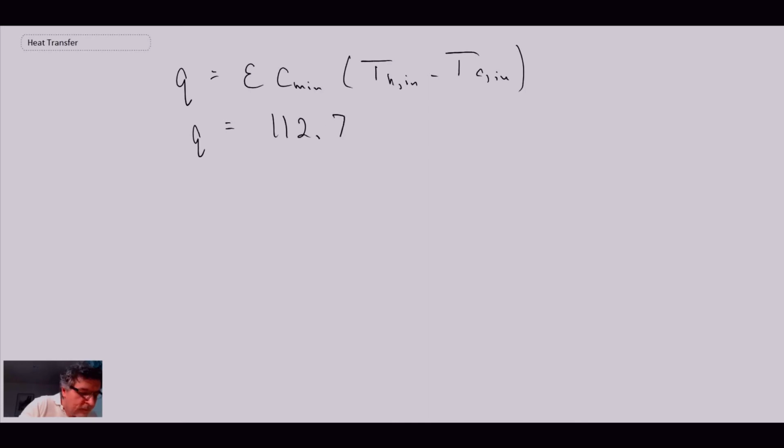With that, we can evaluate the heat transfer. Remember, heat transfer was determined this way, and with that we get 112.73 kilowatts.